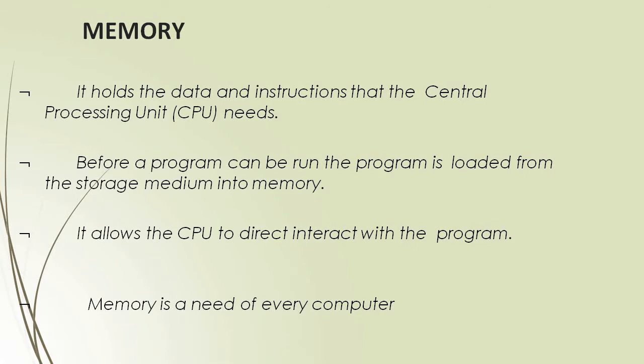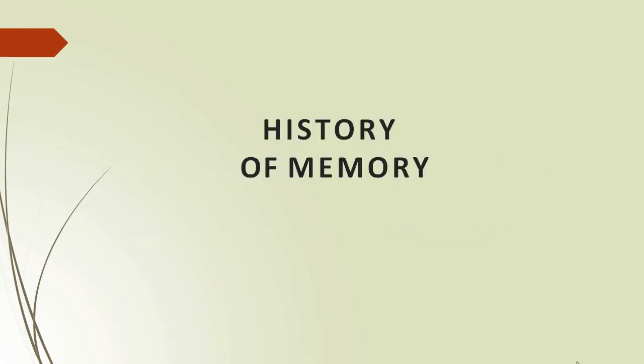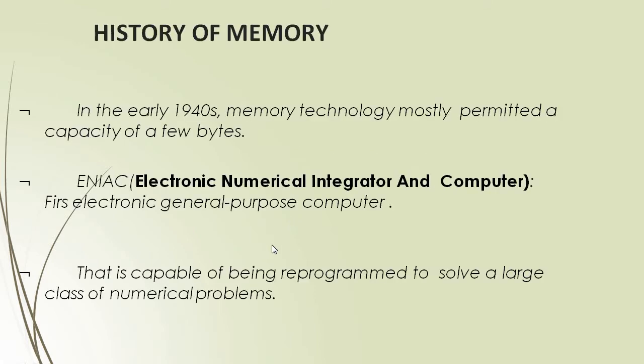Before a program can be run, the program is loaded from the storage medium into memory. It allows the CPU to directly interact with the program, so memory is needed for every computer. So let's move on to the history of memory.